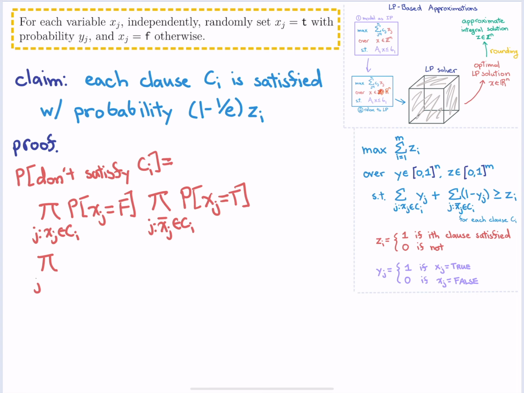So for a particular variable xj, what is the probability that xj is equal to false? 1 minus yj, right? Because it's true with probability yj. And then what are the odds that xj is true?